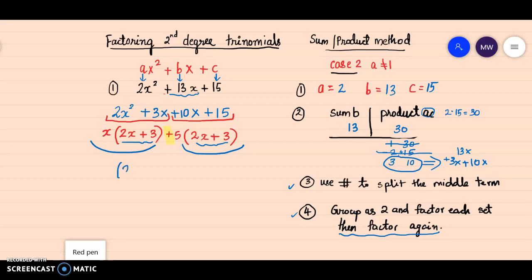When we factor, we know that whatever is in the parentheses is the common factor for both of them. So taking away 2x plus 3 from the first term, we have left a factor of x. Taking away 2x plus 3 from the second one, we have a factor of positive 5 left. So that's how we factor. We are done. This is how we factor for case 2.